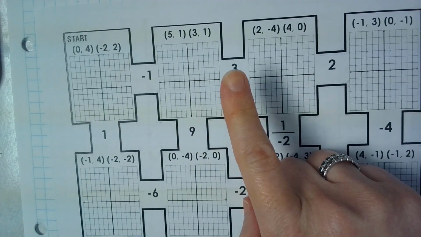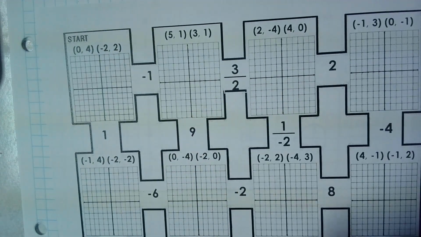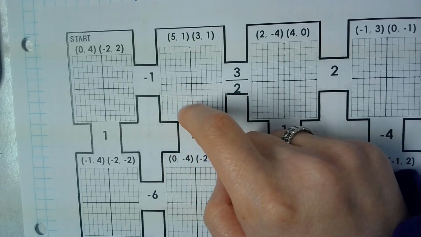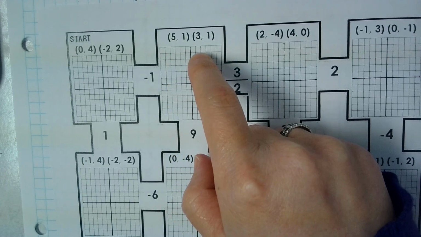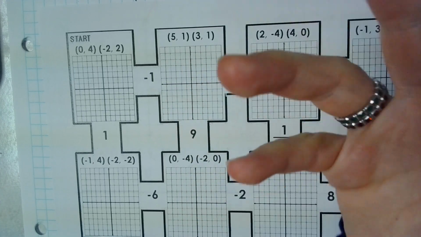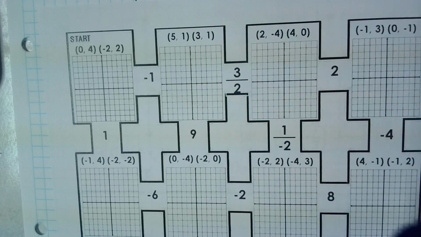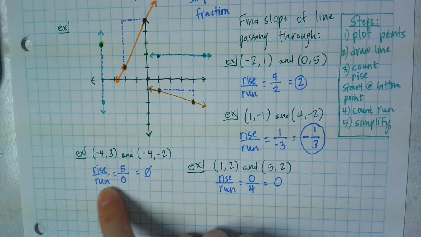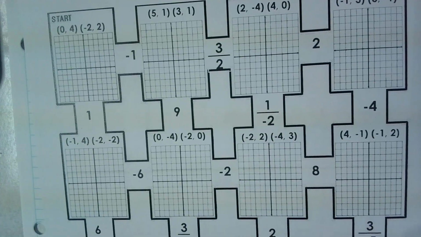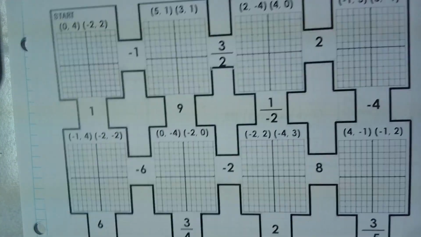You might need an extra sheet of paper to show work, but it's up to you, because you could literally just write your fraction in a quadrant you're not using. Our work is literally just this. It's not much at all. You can have a separate sheet if you want to, or you could write it on here. It doesn't matter to me.